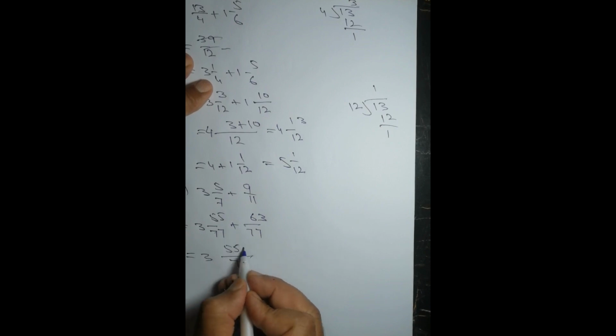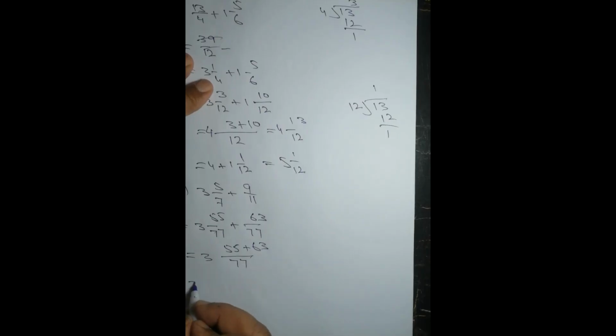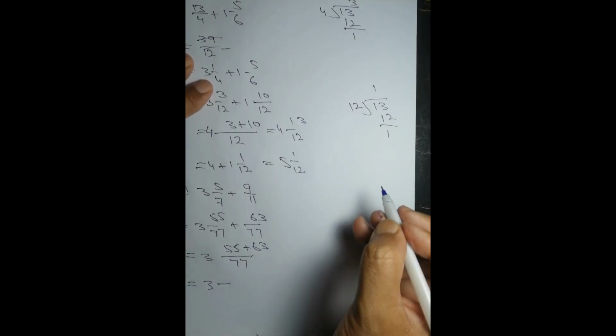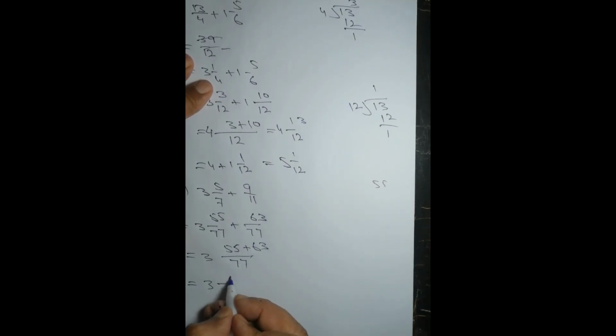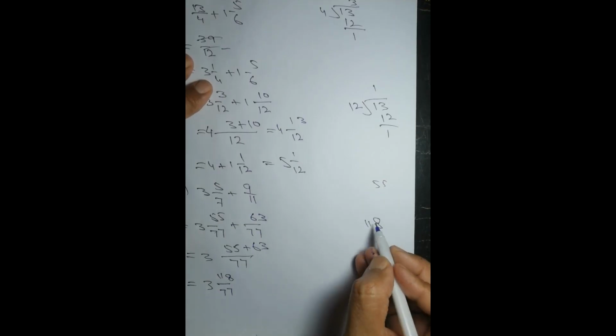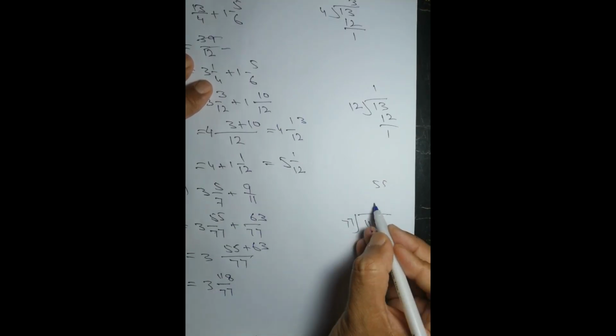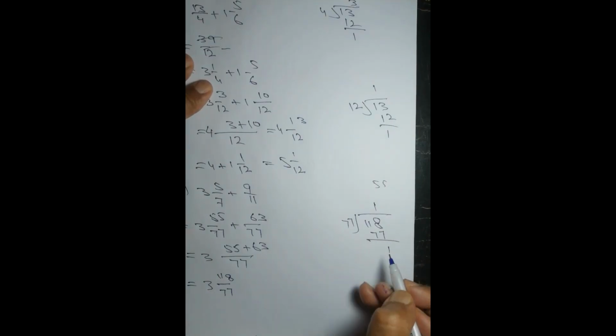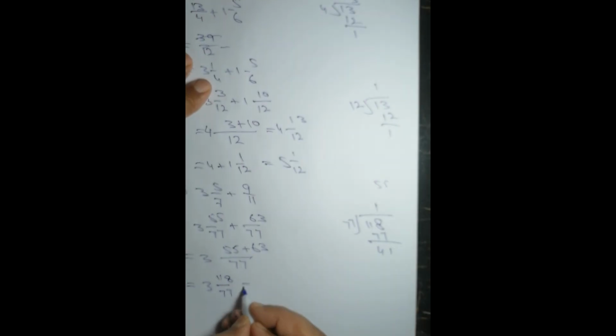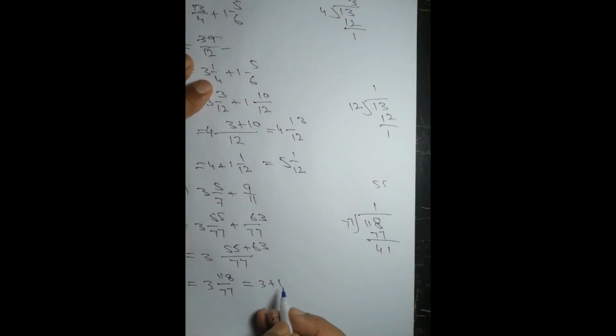This is 55 plus 63, that is 118 over 77. So 118 divided by 77, 1 and remainder 41. So this will be 3 plus 1 whole 41 over 77. So that will be equal to 4 whole 41 over 77. This is the answer.